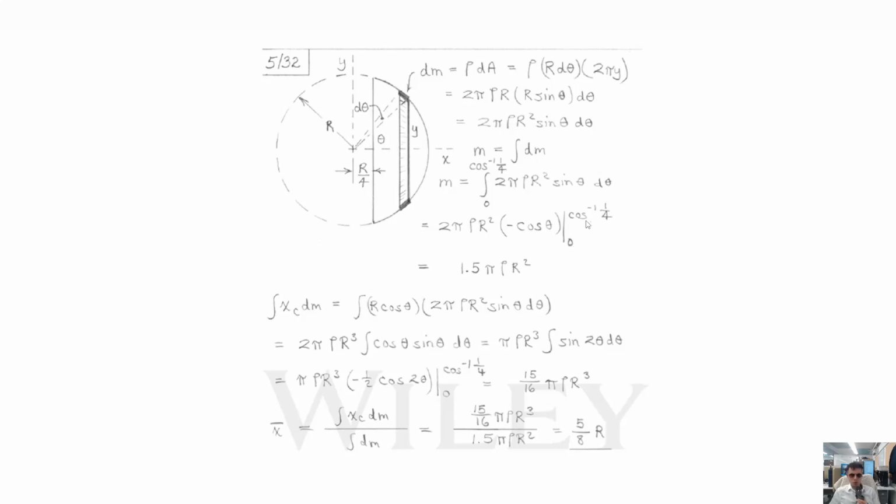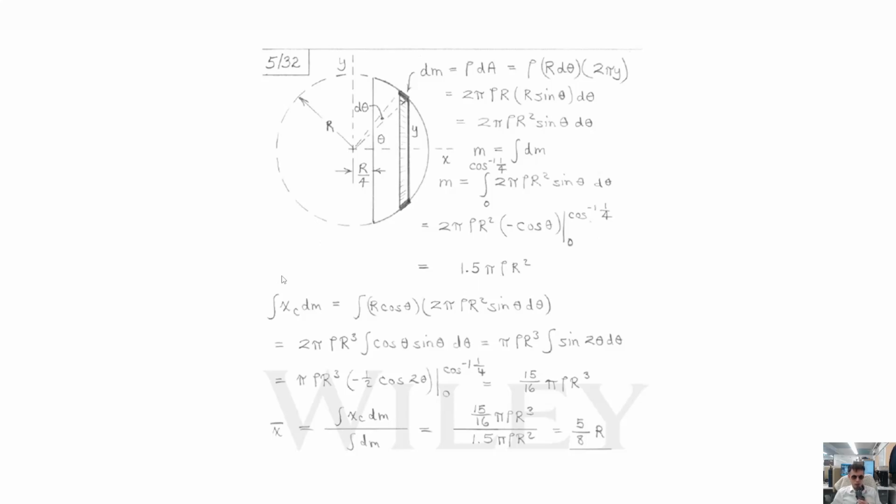Because when you put cos inverse 1 over 4 here, cos of it will be 1 over 4, and at 0, it will be minus 1. So the full answer, the total, will be this.